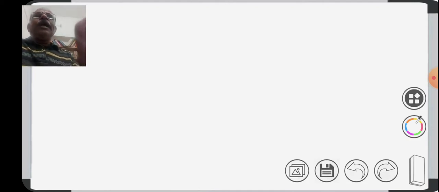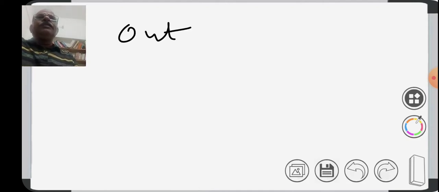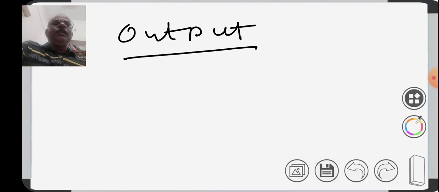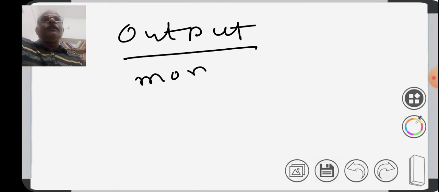Now we have output devices. Which output devices are connected to the microprocessor or central processing unit? The most familiar, the monitor, is treated as the computer in some places. So the most important and most familiar output device is the monitor.